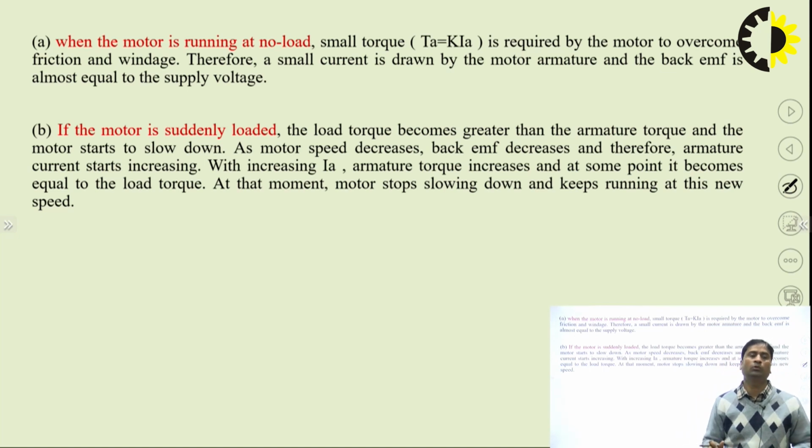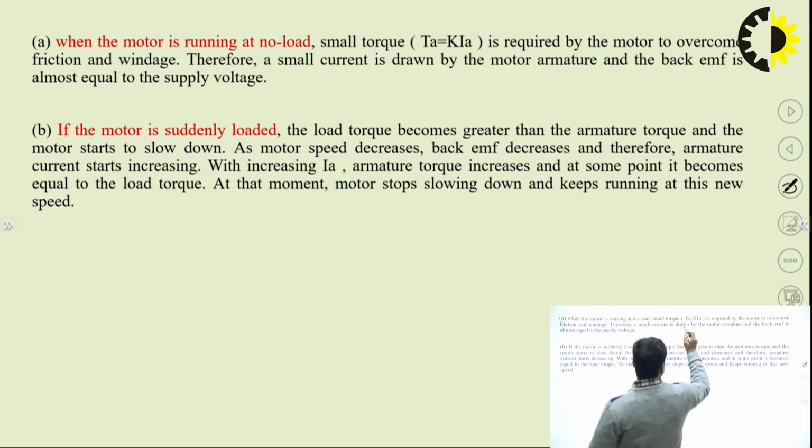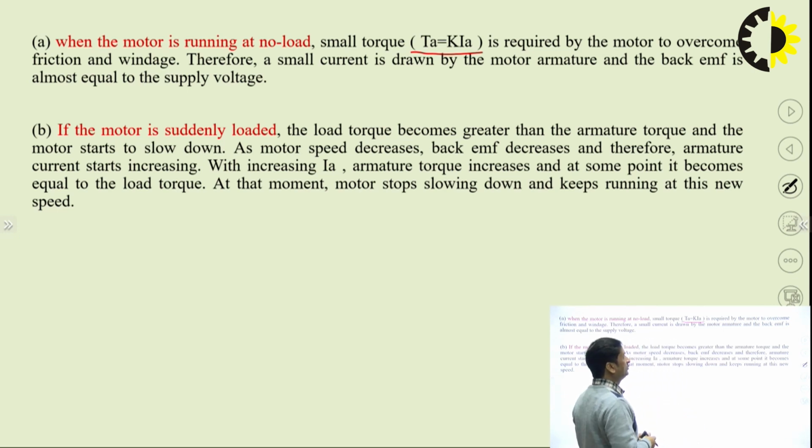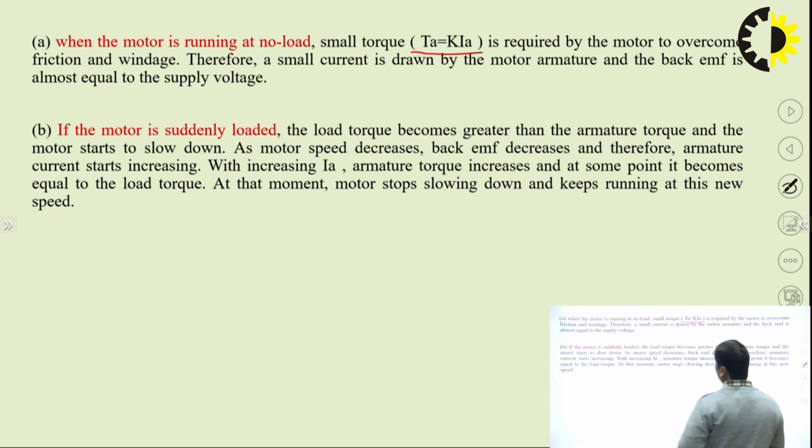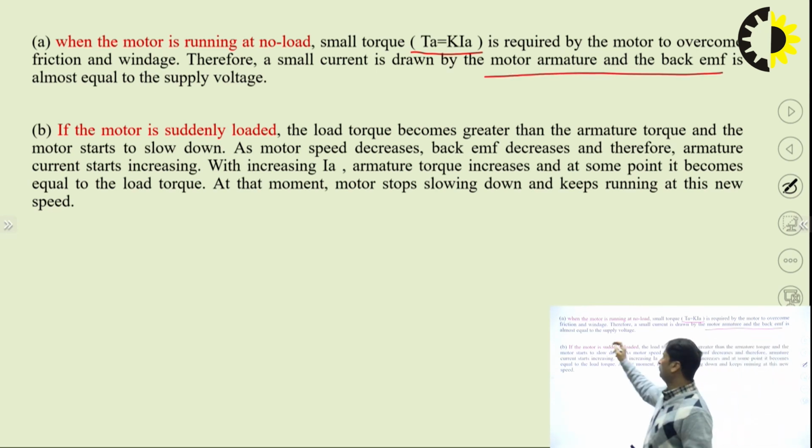There is no load on the motor, and we know that the torque is proportional to current. The torque required is only to overcome the losses, which are the windage losses and friction losses. Therefore a very small current is drawn by the motor armature, and the back EMF is almost equal to the supply voltage.